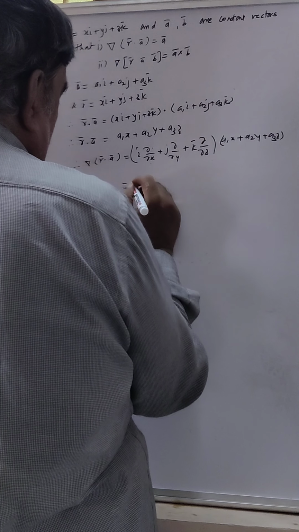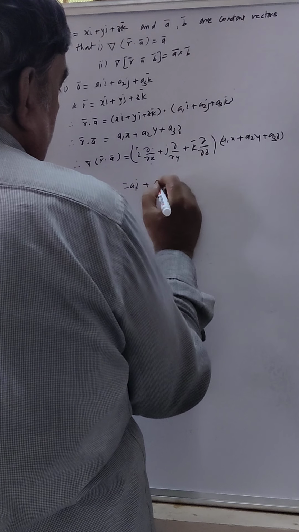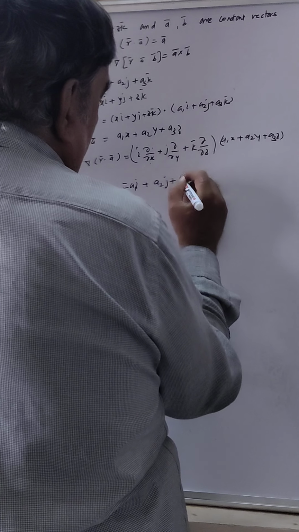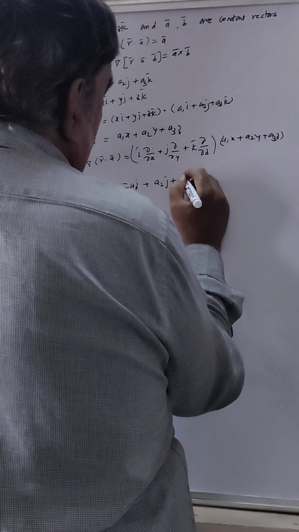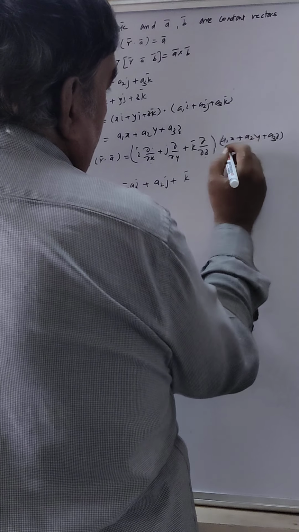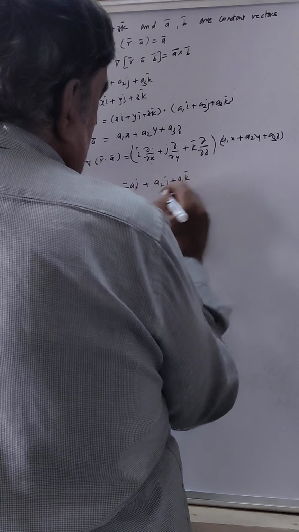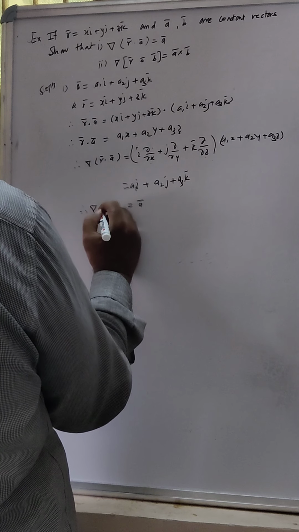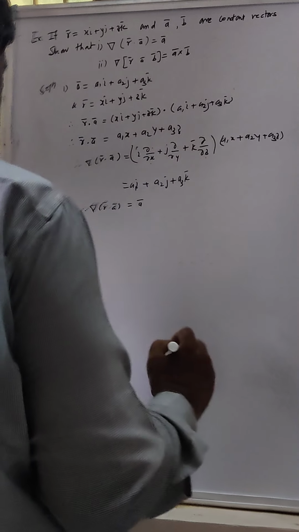Only the derivative of a1x is a1, plus, with respect to y, only the derivative of a2y is a2 j vector, plus a1x and a3z are constant with respect to y, derivative of a constant is 0. K vector del by del z: with respect to z, a1x and a2y are constant, the derivative of a constant is 0, the derivative of a3z is a3. That is a vector. So del of r vector dot a vector is a vector.